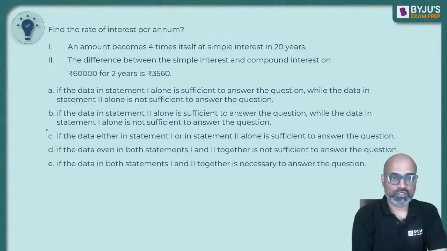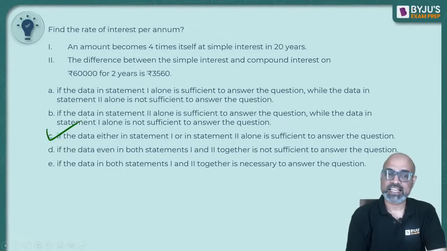For the second, we need the rate also, so P (R percent) square. That's what we have to calculate, Varun, right? Right, Om, exactly. Good, good.